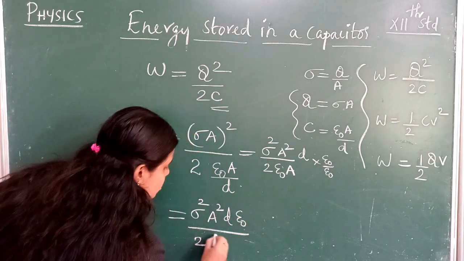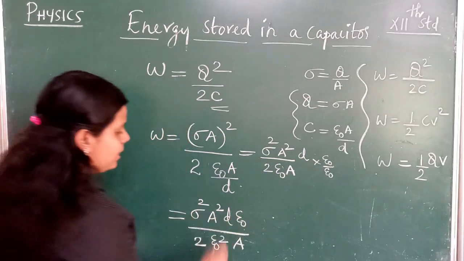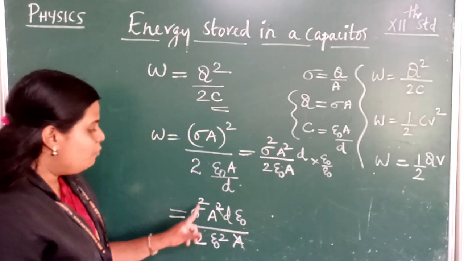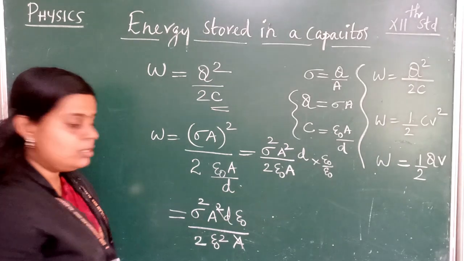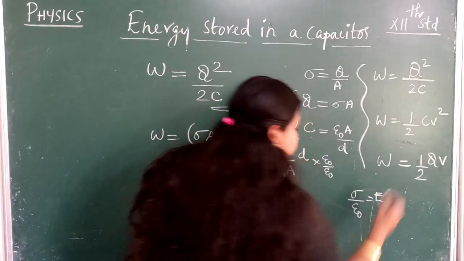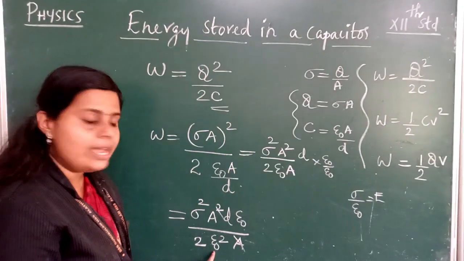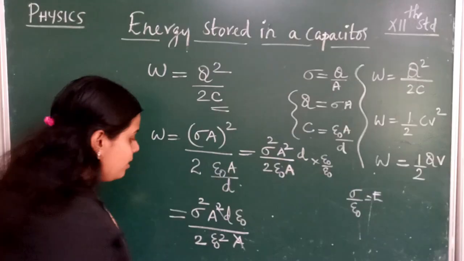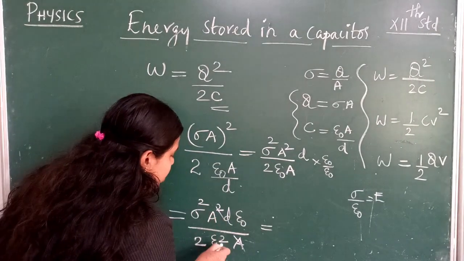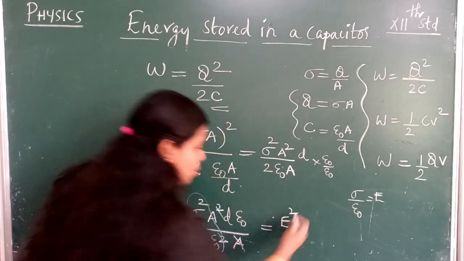Epsilon 0 into epsilon 0 square into A. Here A gets cancelled. What is sigma by epsilon 0? Yes, sigma by epsilon 0 is simply the electric field. So what is sigma square by epsilon 0 square? That is E square. So instead of sigma square by epsilon 0 square, we can write E square.